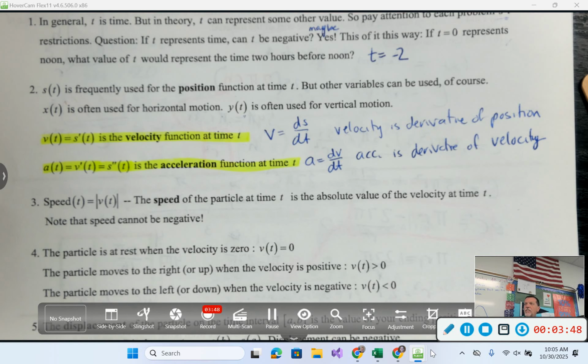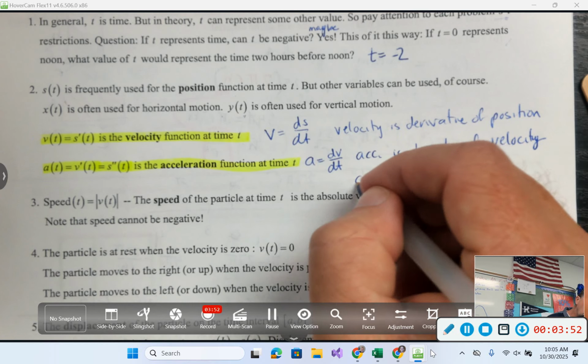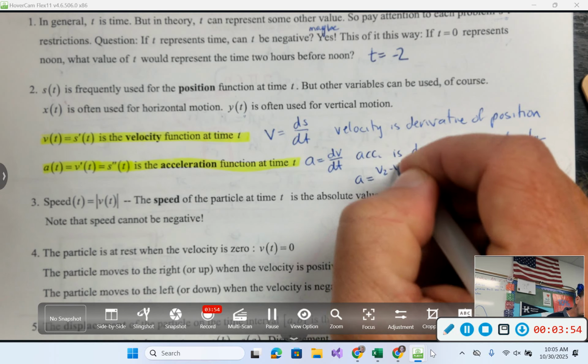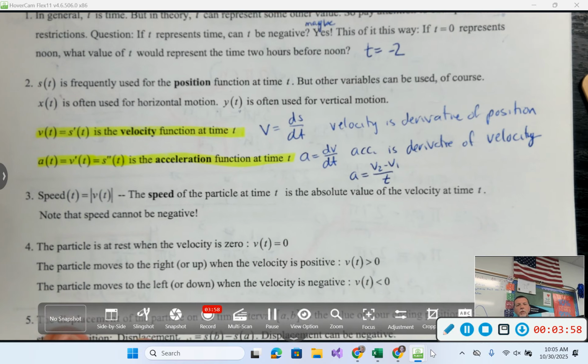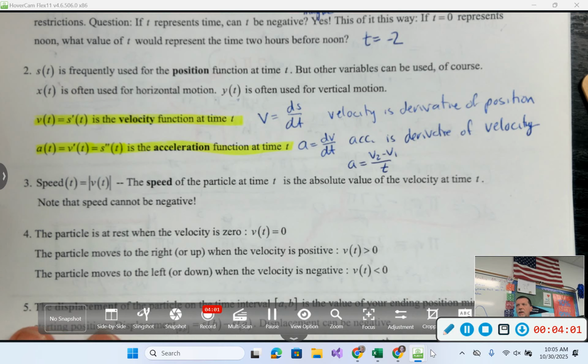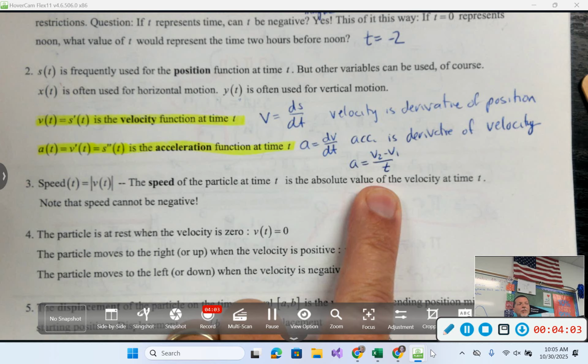Change in velocity over change in time. In fact, in physics, I should have done this on the previous one, like v2 minus v1 over t, that was one of those motion equations in physics. But that equation would be like an algebra slope, so that's an average acceleration.